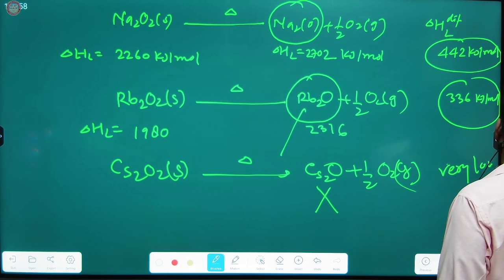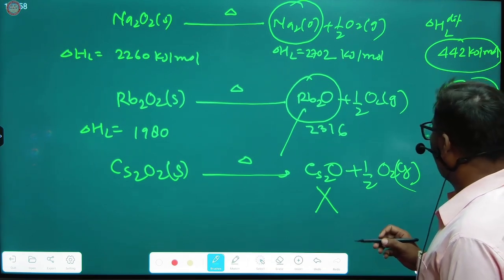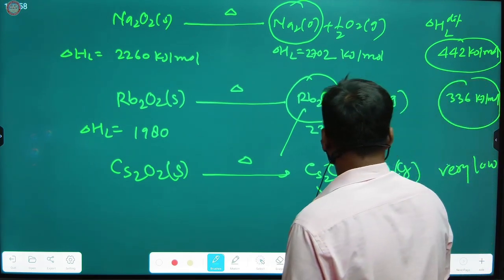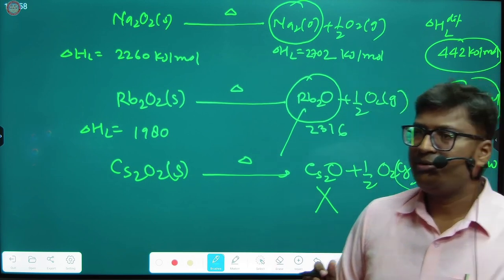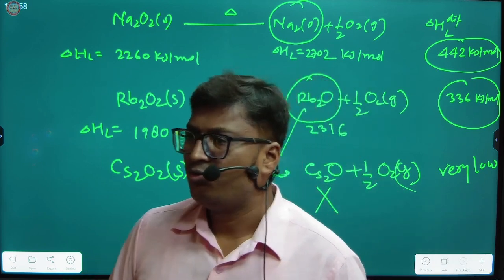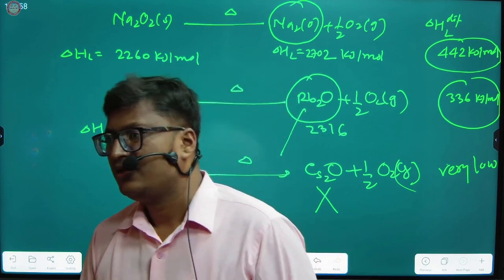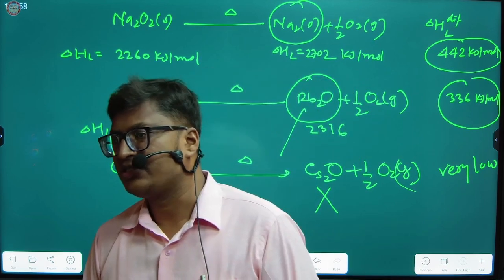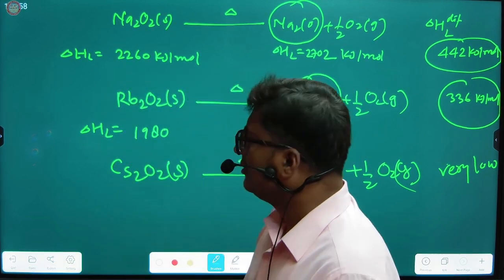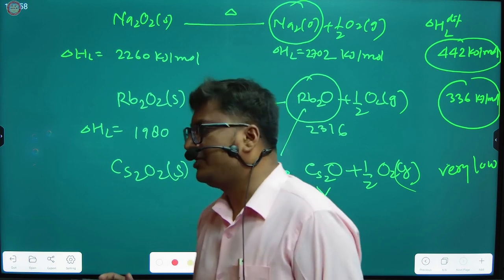If the difference in lattice enthalpy is very low, it means the product side is not much more stable. So the inference that can be drawn here is that as we move from top to bottom, from sodium peroxide to potassium peroxide to rubidium peroxide and then cesium peroxide, the thermal decomposition is difficult.